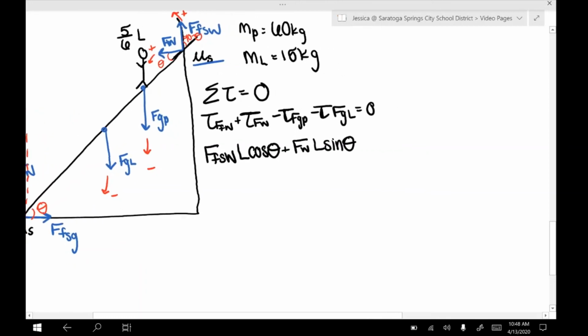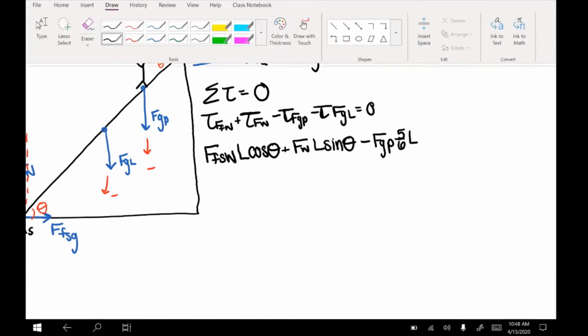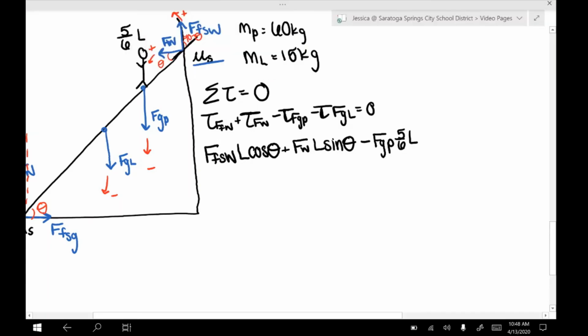Okay. Now, the forces of gravity are, so this is from the person, so that's 5/6 L, and this would be another instance, okay, where this angle in here, same here, would be 90 minus theta. Okay, and I can get that because if I drop down these, it becomes one big right triangle.